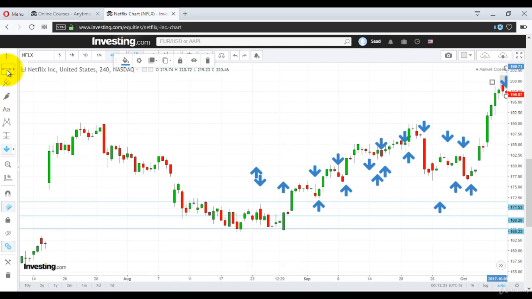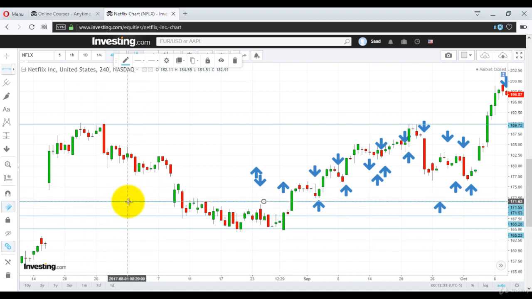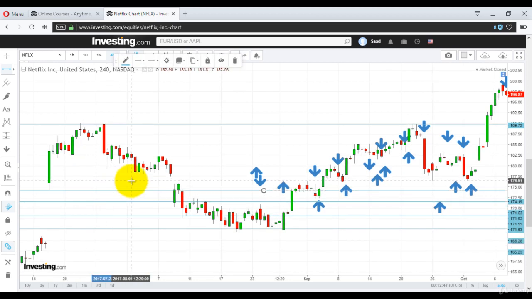I've just zoomed out and just look at it right here. This high was touched again here. And let's move the lower marks. Come on. Let's delete them. Right here.